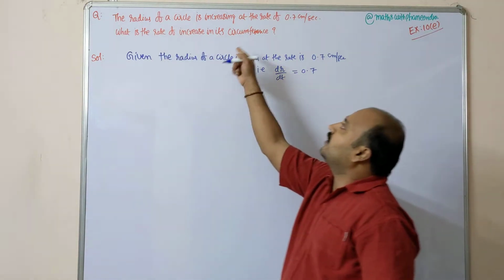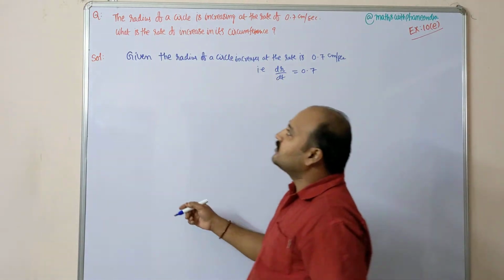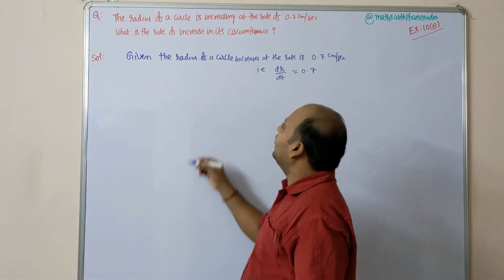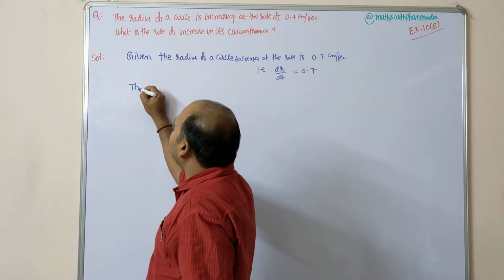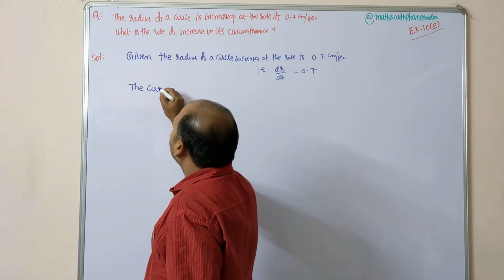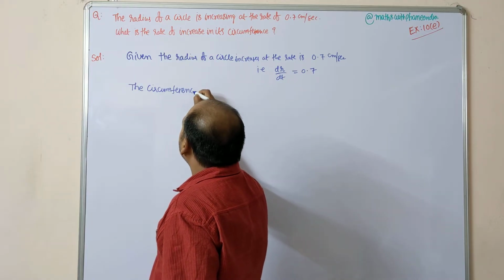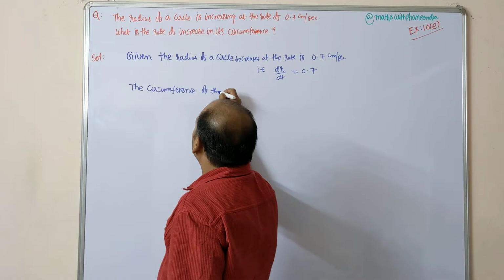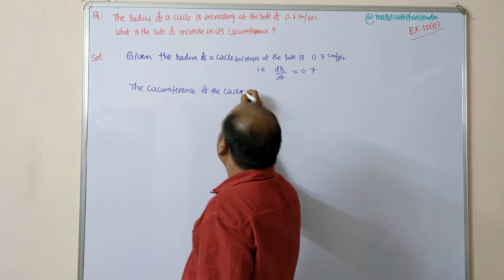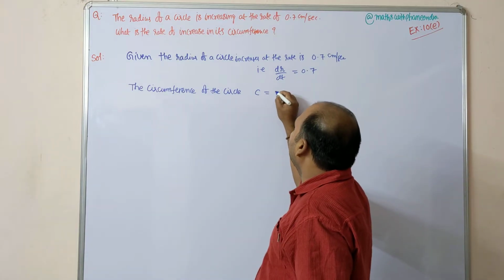What is the rate of increase in the circumference? That means dC by dt. What is the circumference of the circle? C equal to 2 pi r.